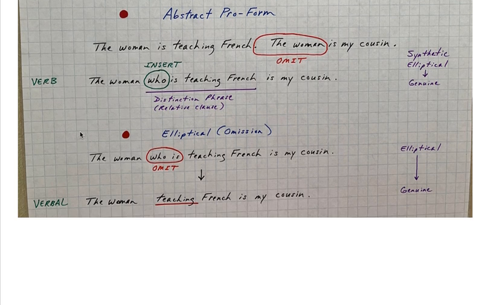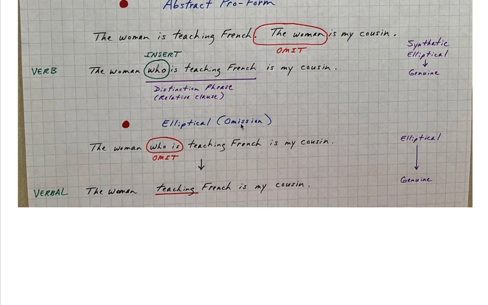But now here, because of omission, in the elliptical state of mind, we're saying ultimately the woman teaching French is my cousin. Because in the mind, in the brain, we just cut that out, just chopped it out. And now finally, you have the word teaching at the verbal level, because all these transformations took place.